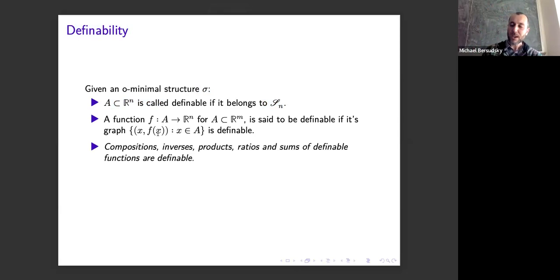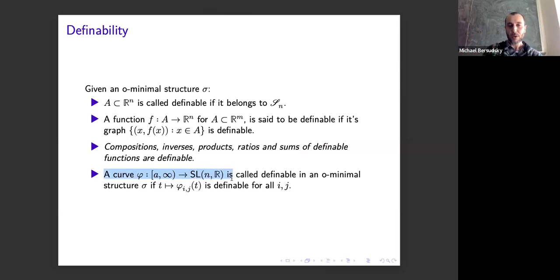And as I mentioned for semi-algebraic sets, if you take compositions, inverses, products, ratios, and sums of definable stuff, you get definable stuff.